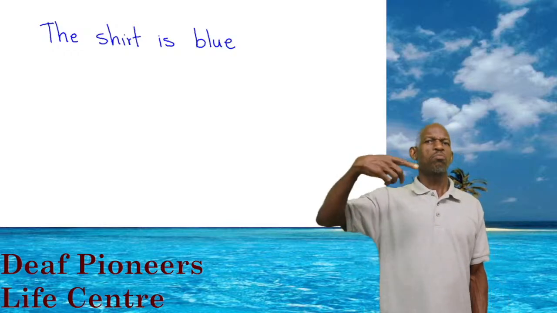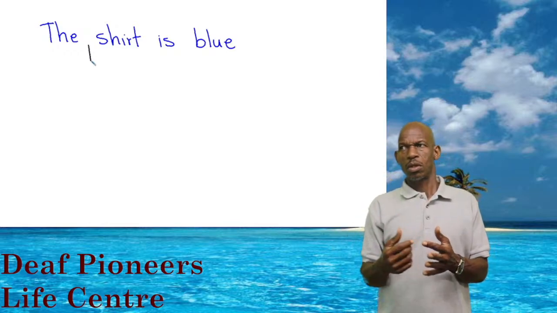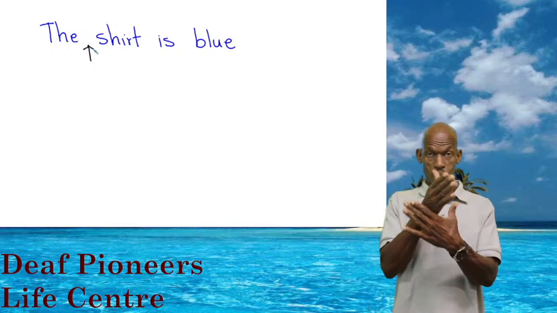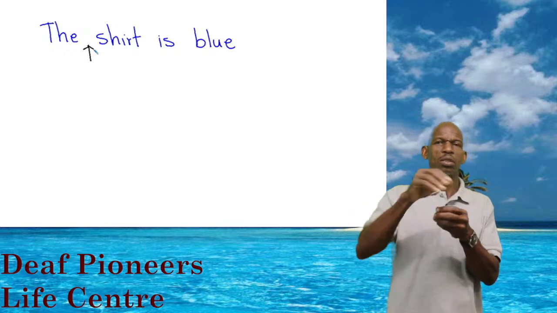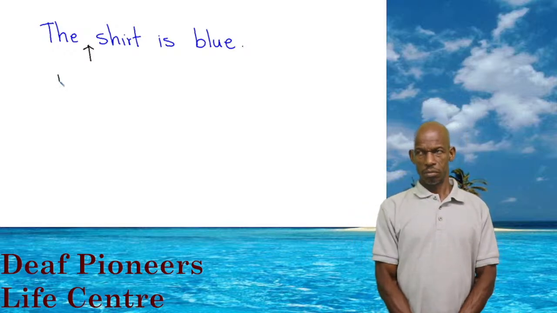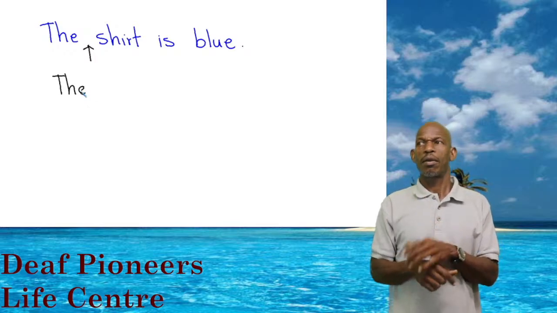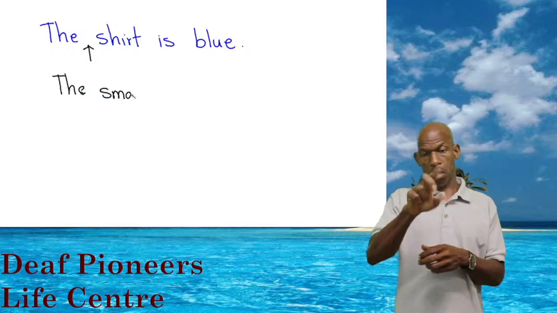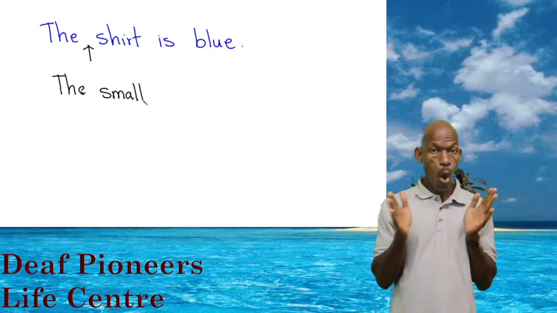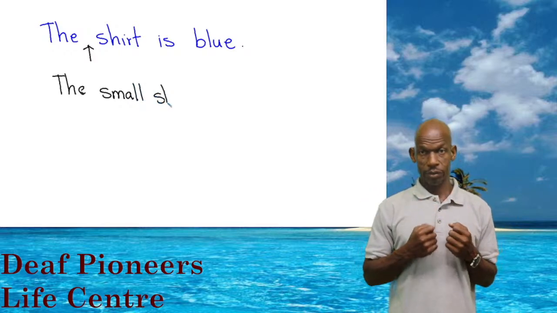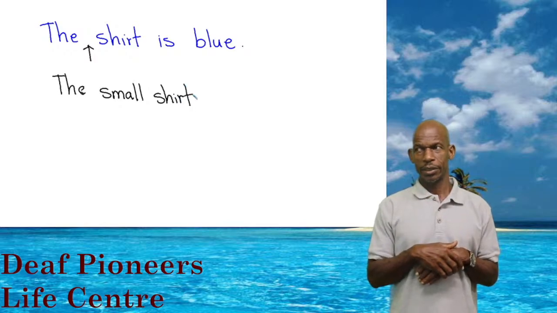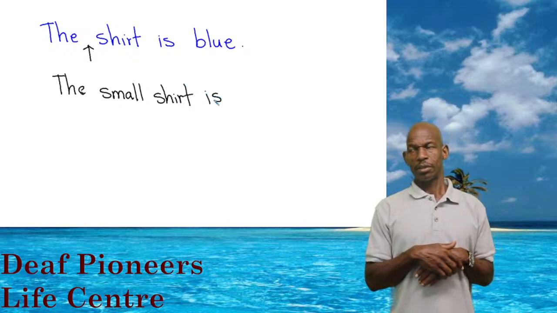But what I'm saying is before I write shirt, I can put an adjective there. So I'm putting my full stop at the end. So I can write the shirt, and I could put another adjective instead of blue. I could put the large or the small shirt. So I'm putting an adjective based on size. The small shirt is blue.